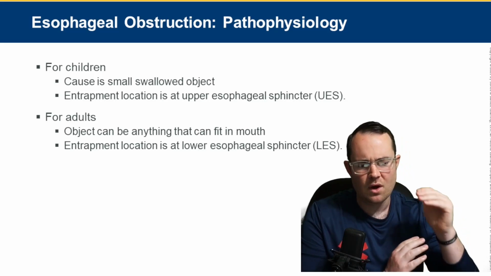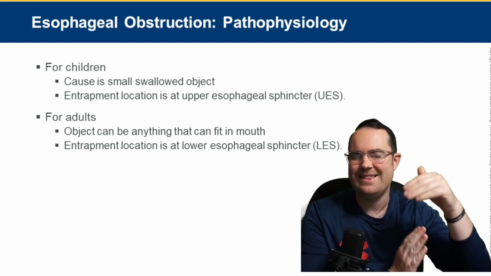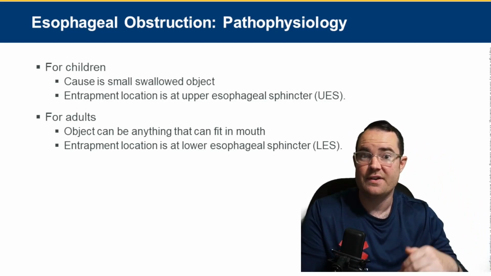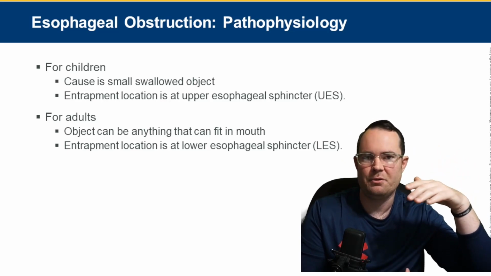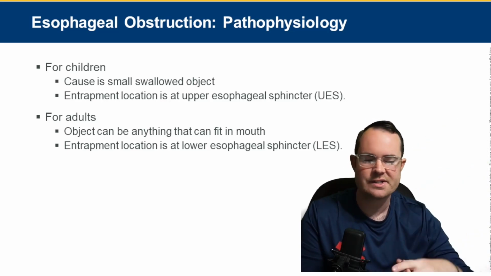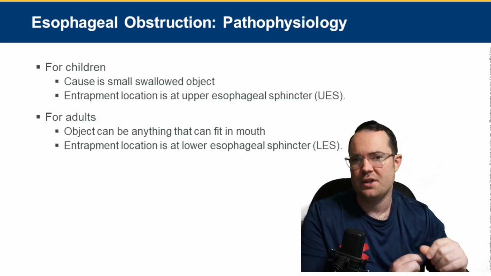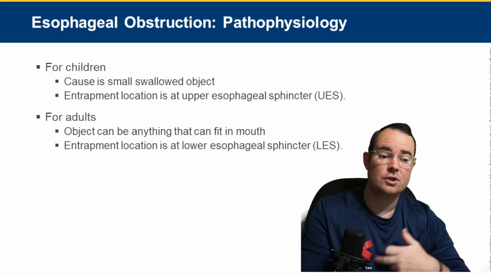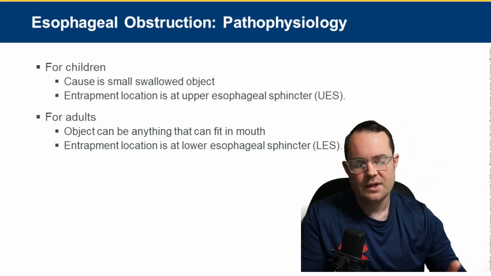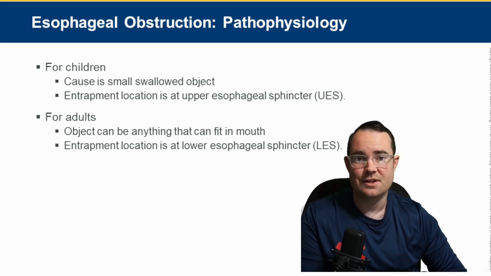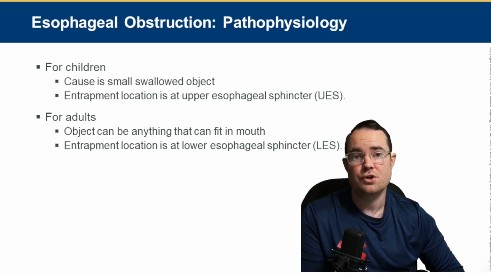It all depends on where that sphincter is located in the esophagus. If it's in the upper esophagus, it's probably a little easier for it to come out of the oropharynx. If something gets lodged in the lower sphincter, that's closer to the stomach itself, it sounds like they're going to need to do surgery.